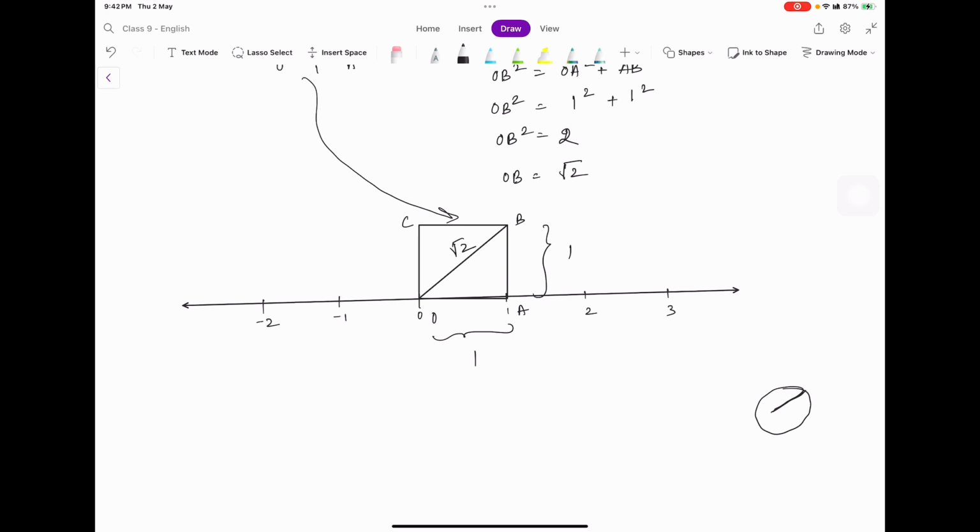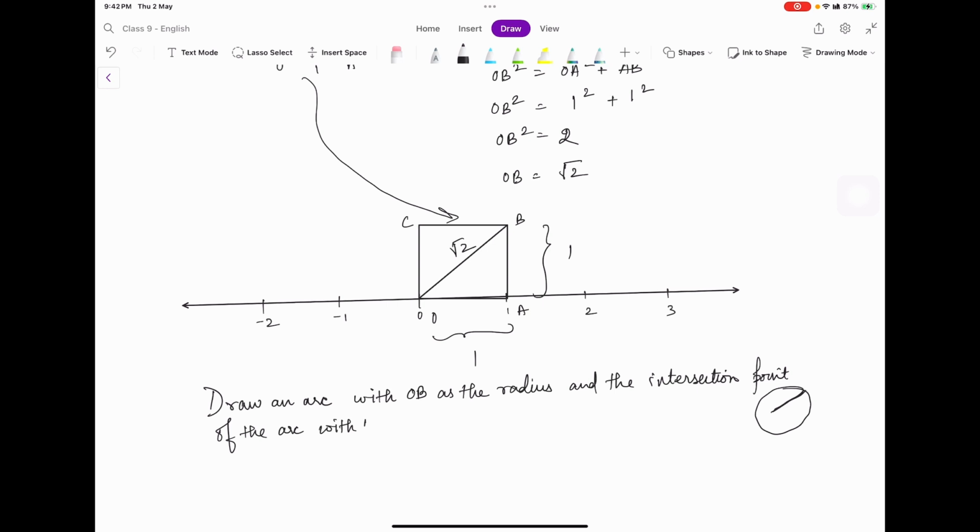Draw an arc with OB as the radius, and the intersection point of the arc with the number line corresponds to the value root 2.